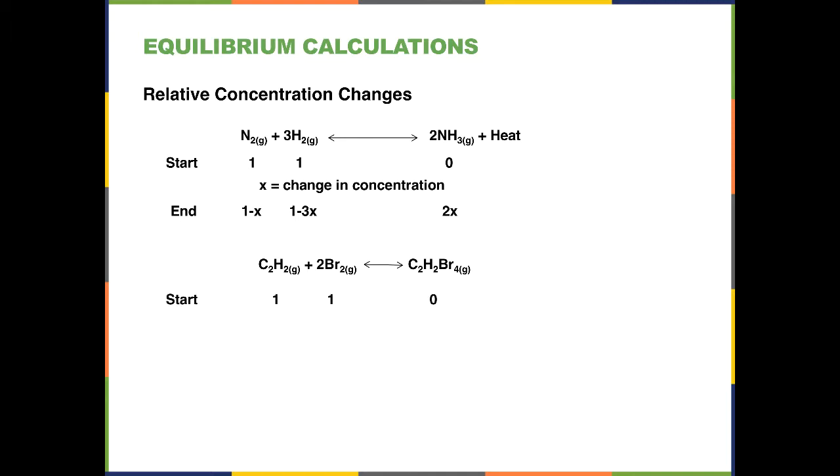Again, if you start out with nothing in the products and a certain amount of the reactants, notice the effect of the coefficients on the change. Now, if you have an equilibrium constant and you didn't know any of the concentrations, you would put these X's and 2X's in. Obviously, if you started out with nothing on one side and this amount on the other side, you could calculate what you had at the end.